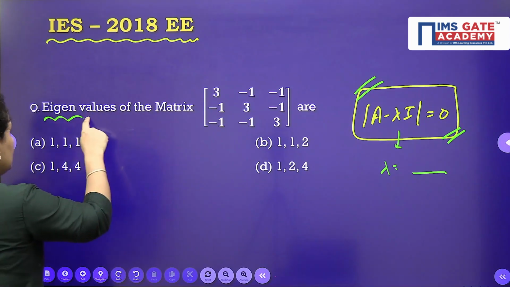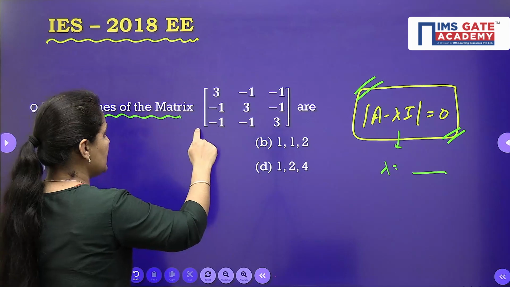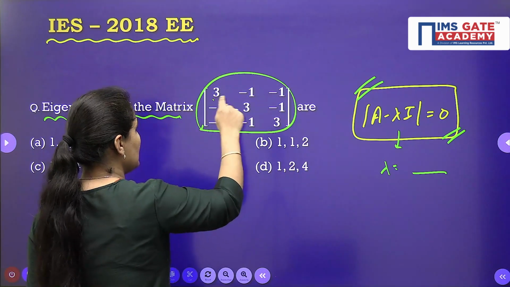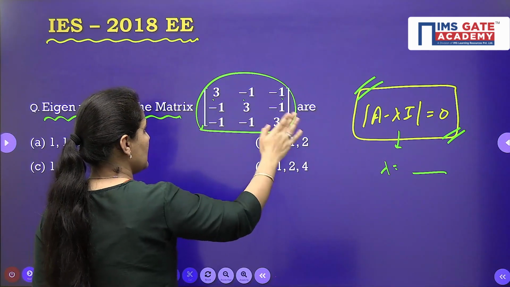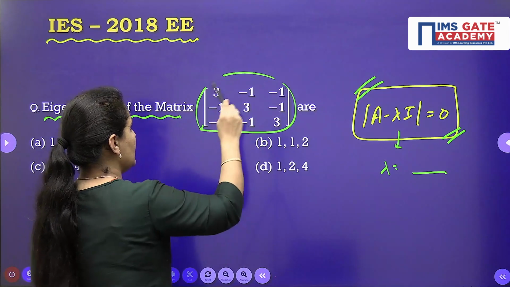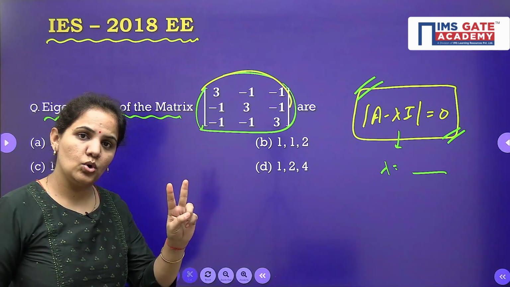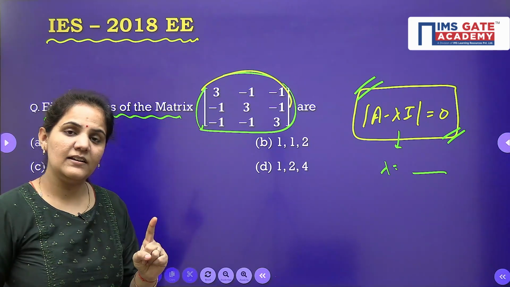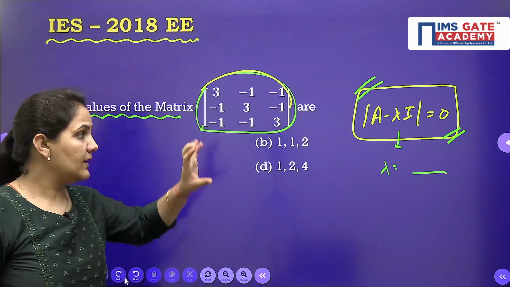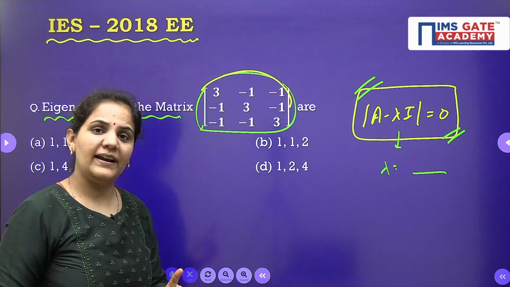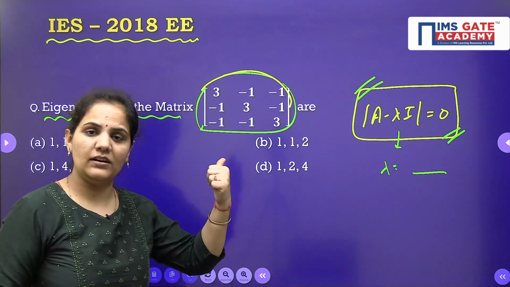So here we have a question on the eigenvalues of the matrix. We have the matrix as 3, -1, -1; -1, 3, -1; -1, -1, 3. We can find the eigenvalues by those 2 golden rules. The very first thing, you have to check whether you can find the sum of eigenvalues from here or not.